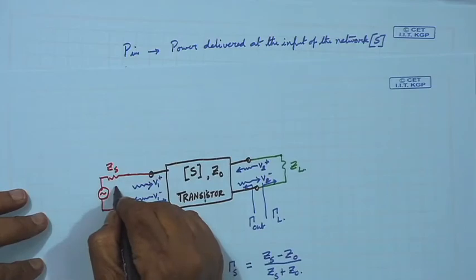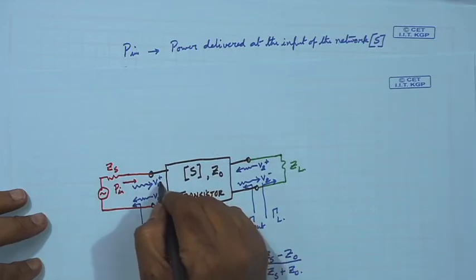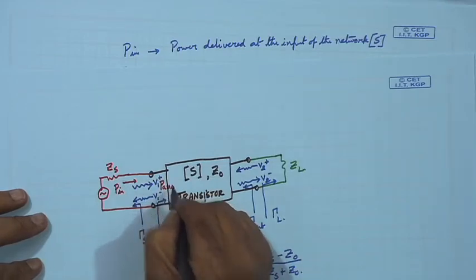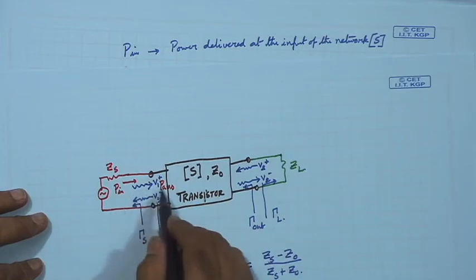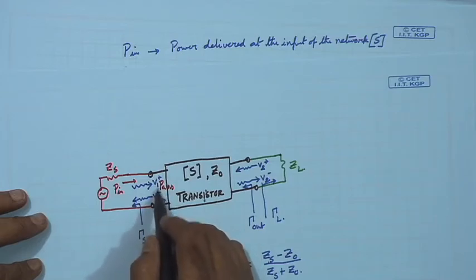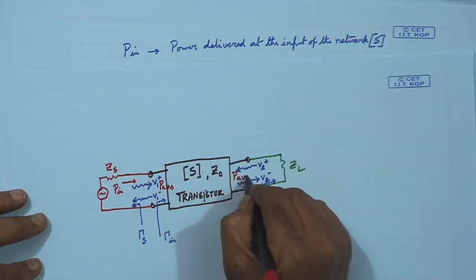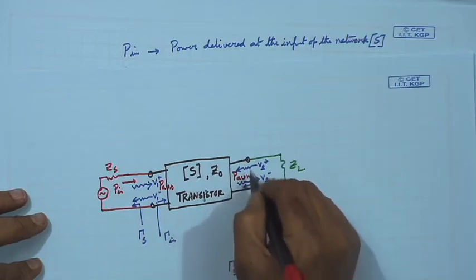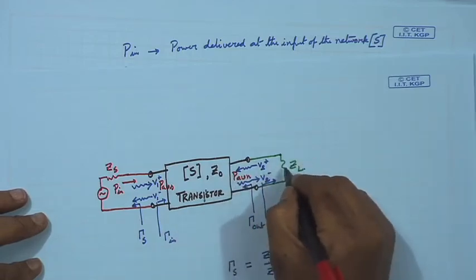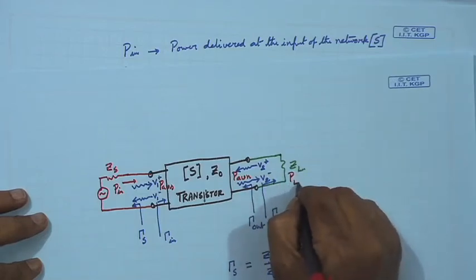That means the input power is what power is going from here, then here it is taking P_in, sum of this power, because depending on the mismatch, all power cannot come. So, P_AVS is the power available here, then P_AVN is the power available at the output, and again depending on the impedance level, the power that gets delivered is P_L.